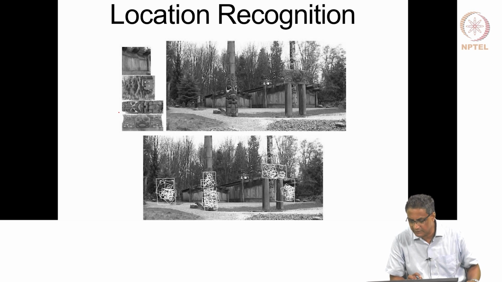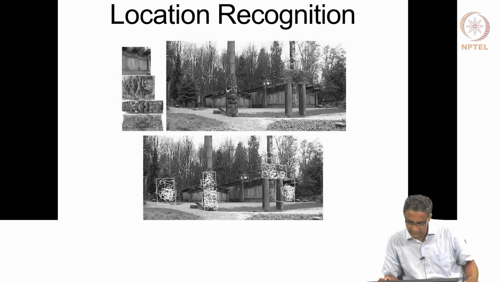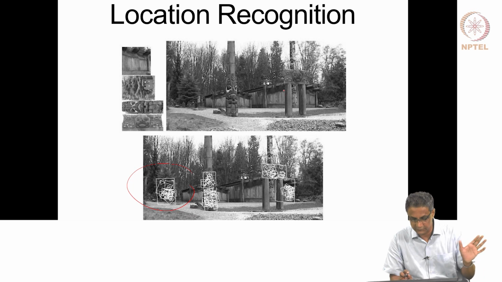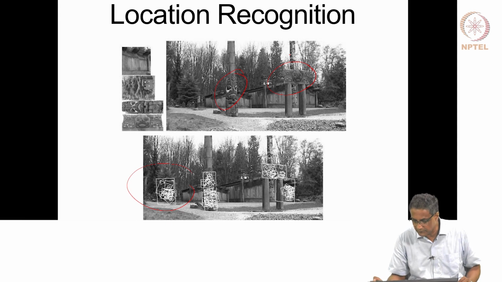Then you see location recognition. If you look at the top image and the bottom image, they are not exactly taken from the same viewpoint, as this has more of the left compared to the one on the top. So it's a different viewpoint, but all these things that you're seeing should stand out as features that you can pick up and match across images.